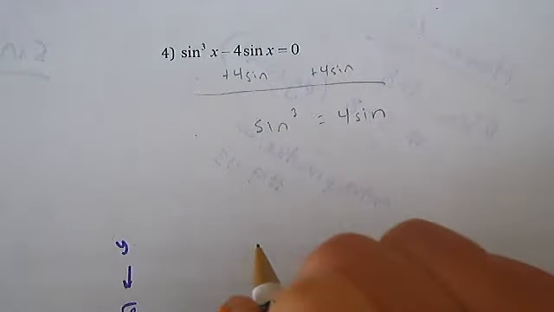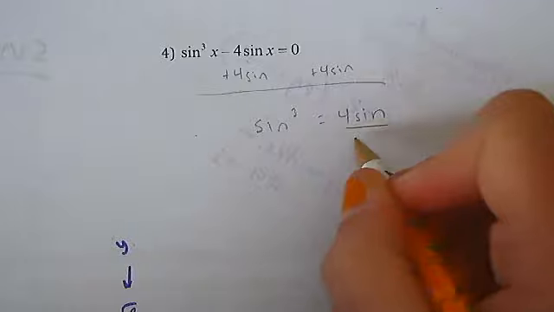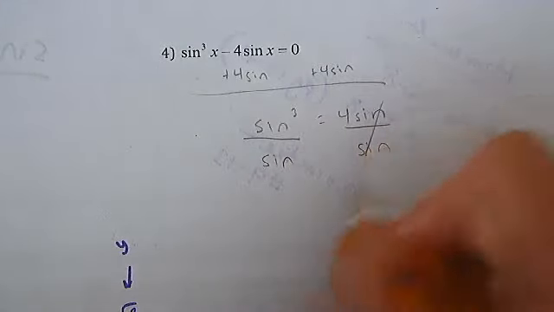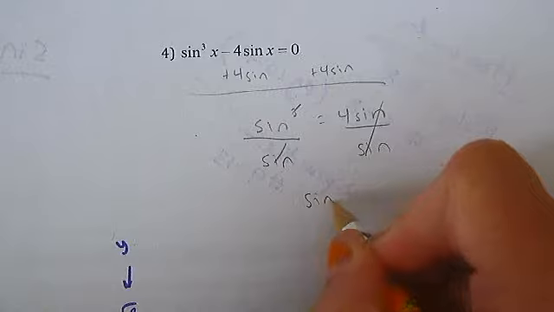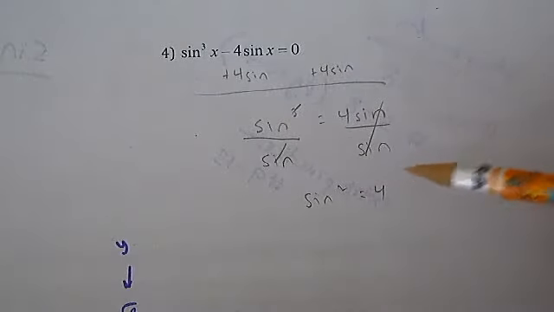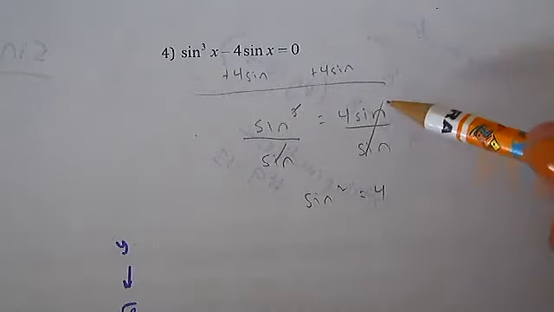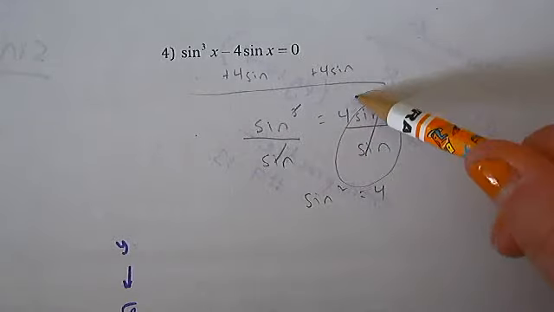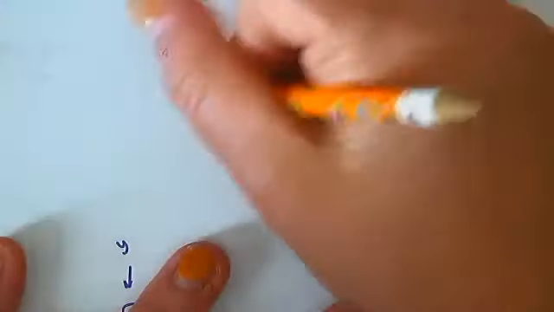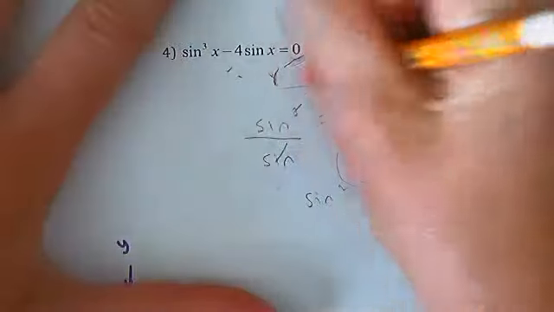Right? Then they go, oh, I can divide by sine. Now I have sine squared equals 4, and I can keep going. You don't want to do this, okay? Because by dividing by sine, you just got rid of an answer. So you're only going to get some of the answers.